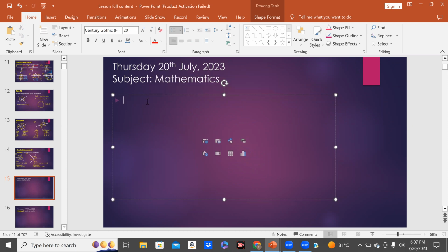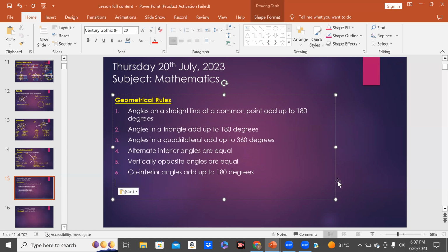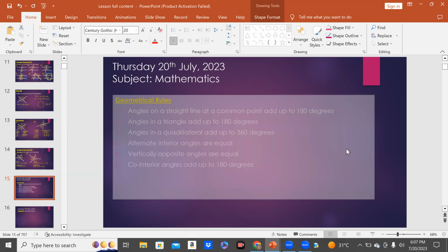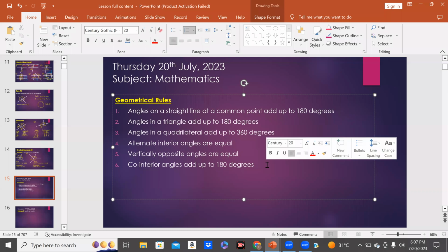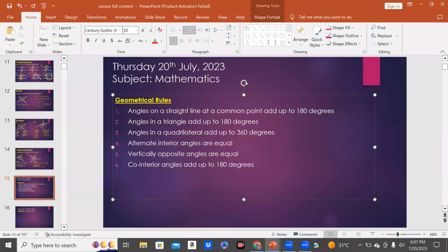All right, so you can start off with the geometrical rules. The 6 rules that we looked at were the following. The 7th rule is going to be the fact that corresponding angles are equal. And the 8th rule is angles at a point add up to 360 degrees.